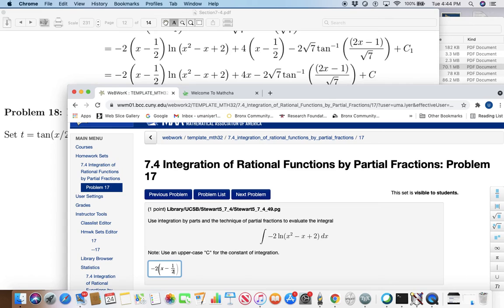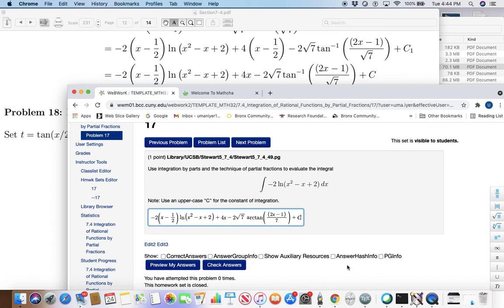X minus 1 over 2, natural log absolute value parenthesis x squared minus x plus 2 close parenthesis plus 4x minus 2 square root 7 tan inverse, arctan of 2x minus 1 over 7. Lastly, a constant of integration.